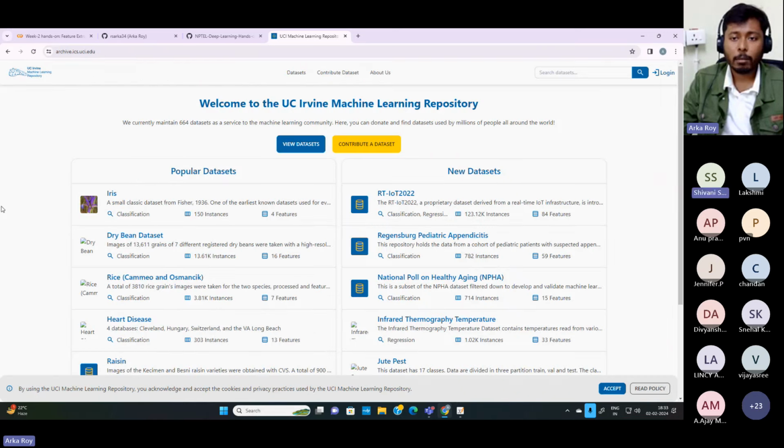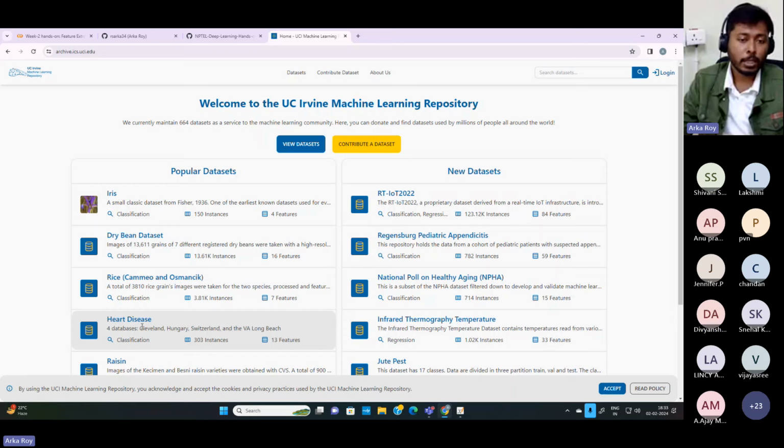They have an enormous amount of data sets, which you can use for your particular application. For example, the heart disease data set. Probably they have some ECG signals, and you need to classify what heart diseases are there in case of the given labels. So you can explore all these databases.